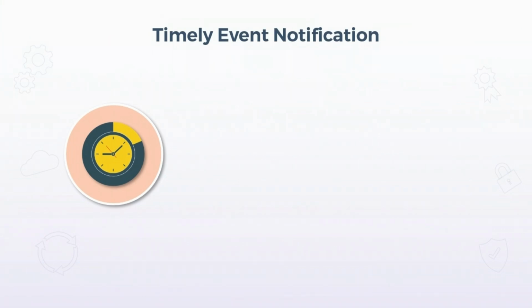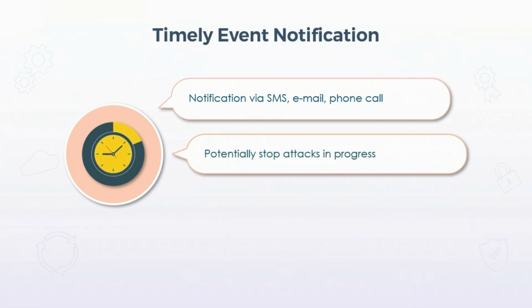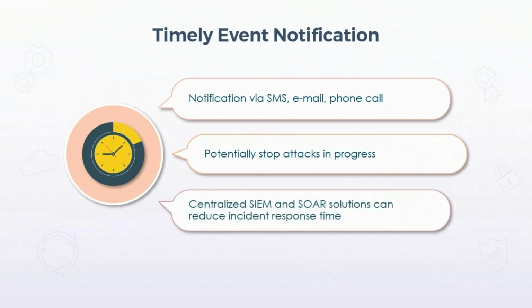The idea is we can have notifications sent to interested parties, maybe via SMS text message, maybe an email notification, a phone call. We might also have a configuration that can stop attacks in progress as they are detected, and a centralized SIEM and SOAR solution can automate incident response, which can result in a reduced incident response time.